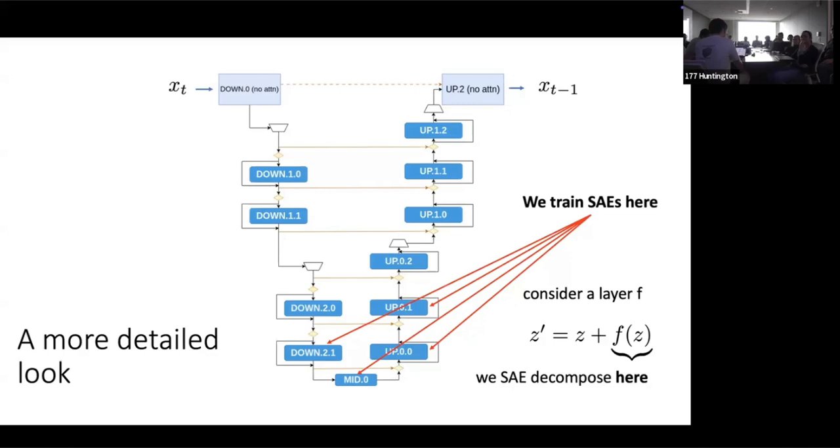If I remember correctly, these were 16 by 16 by 1280 tensors, and we feed the 1280 vectors into our SAE.